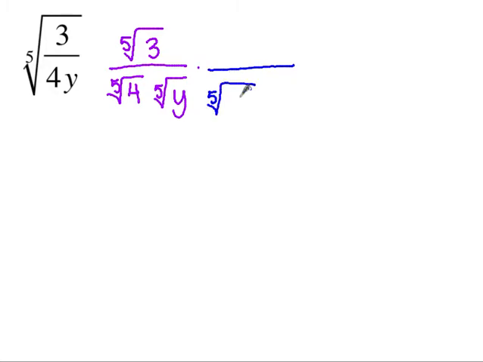The 5th root of 4 to the what? 4th, good. That's right, because remember that's the 1/5 power. Okay, this was 4 to the 1/5 power. So to get rid of it, we need to multiply by a 4 to the 4/5. And so over here, it's going to be the 5th root of y to the 4th.